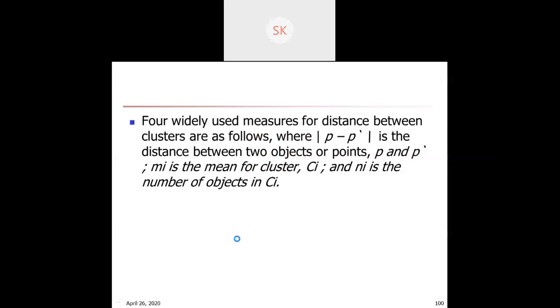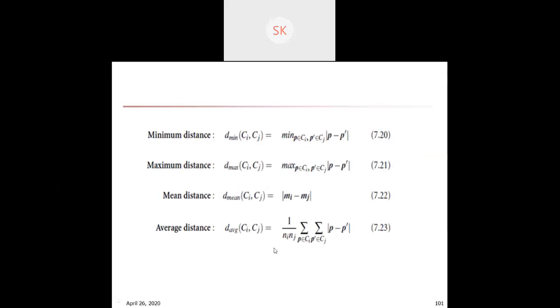The next slide has the cardinality of |p - p'|, the distance between two objects or points p and p', where mi is the mean of the cluster, and ni is the number of objects in the cluster. mi is the mean and p and p' are the two objects. mi is the mean, the center of the cluster. ni is the number of objects in the cluster.